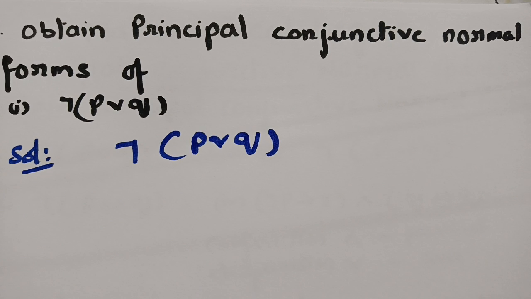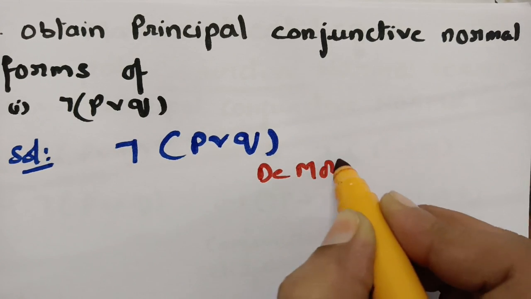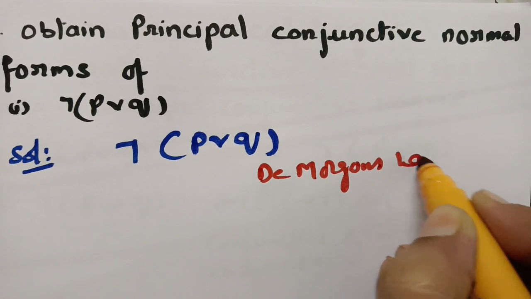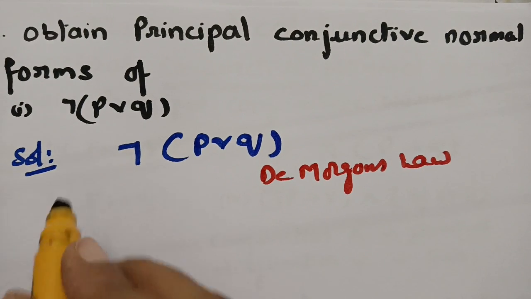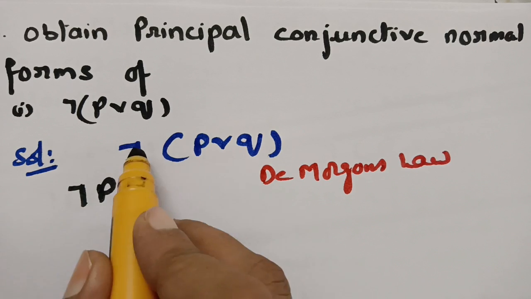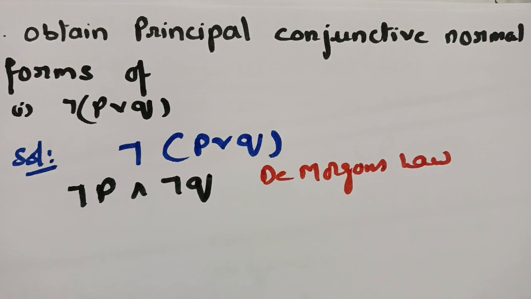The process here is, if you send the negation inside, we should use the equivalence formulas. This is De Morgan's law. According to De Morgan's law, if you send the negation inside, what happens? Negation P, the equivalent statement is negation P and negation Q, where or becomes and.